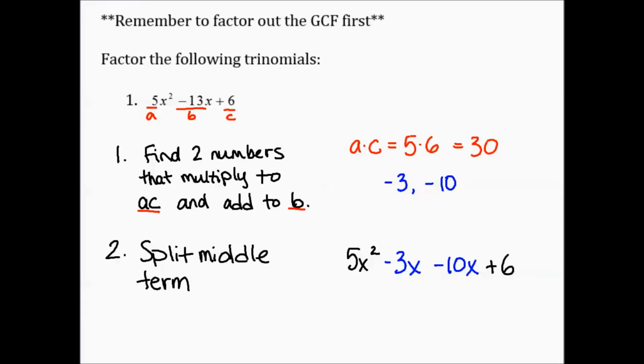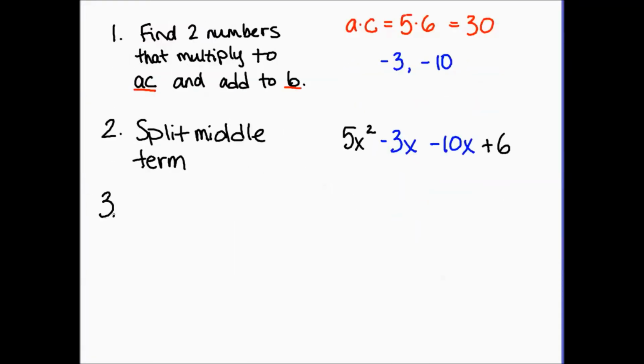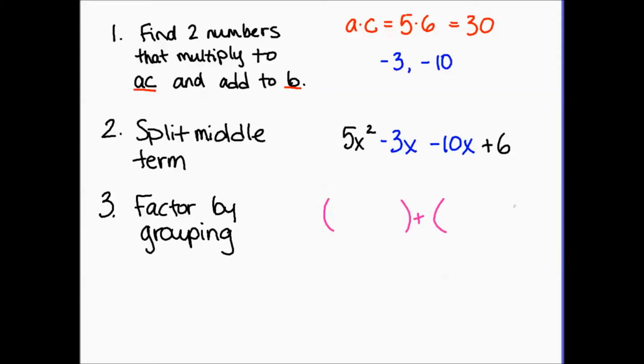Then the third step is to factor by grouping. So, as we learned last class, that means that I'm going to put parentheses around the first two terms and parentheses around the second two terms.